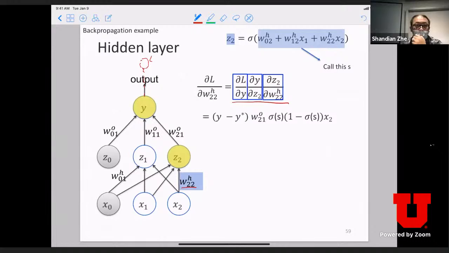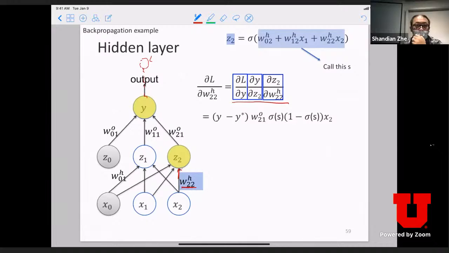If you want to compute partial L over any edge weight, you first find out the paths from the target node this edge points to, to the output neuron. So for W2H, the edge points to Z2, the hidden neuron.